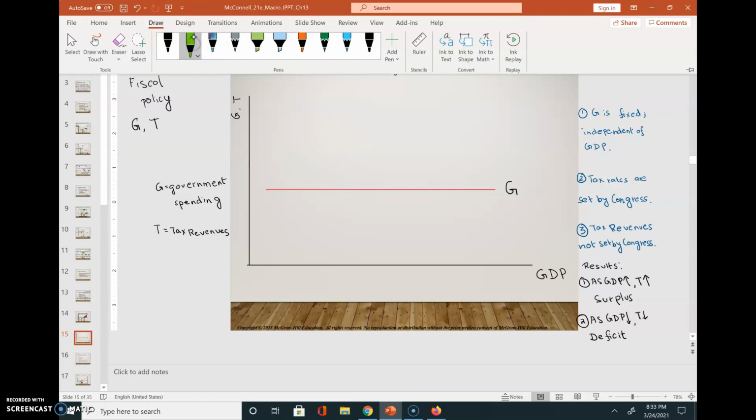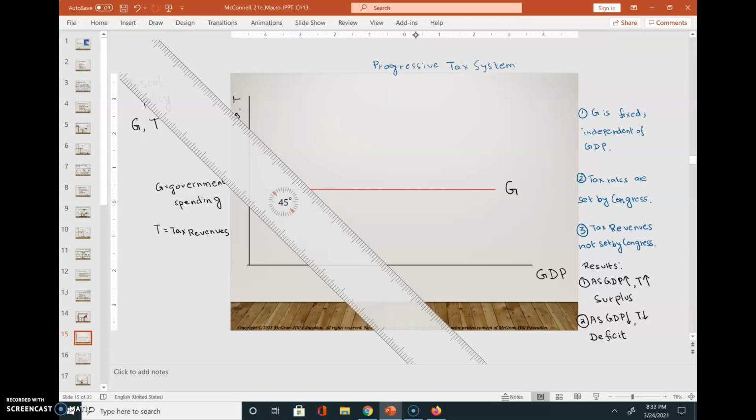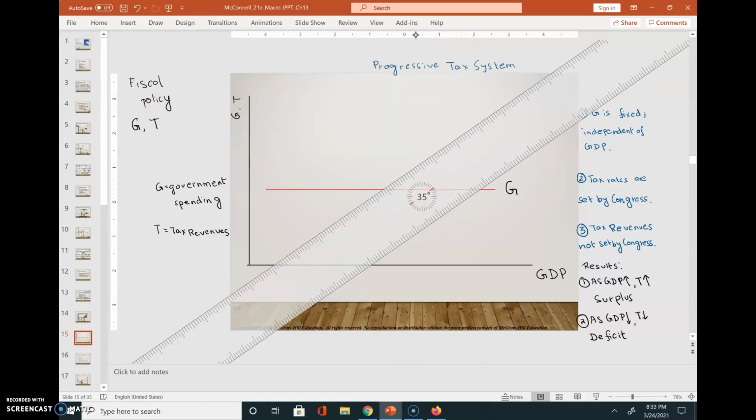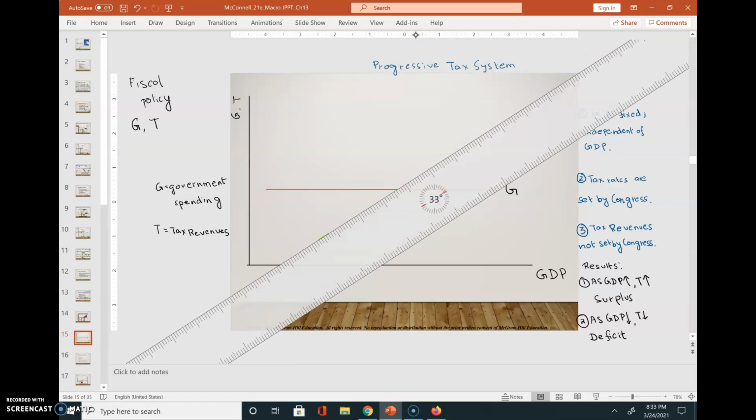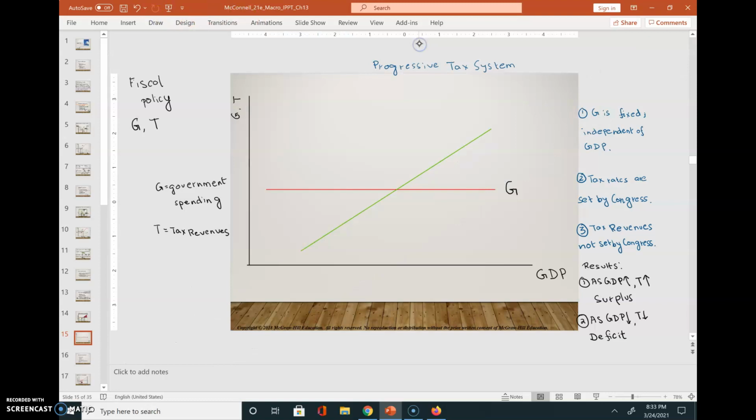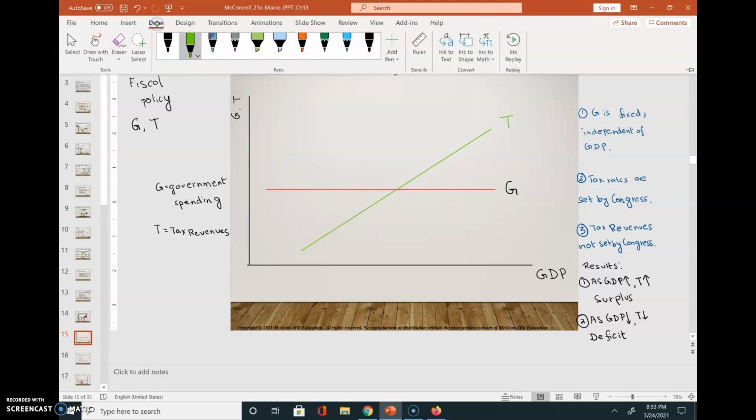Now, let's take a look at something. I'm going to draw another line here. This is the tax revenue. So this T stands for tax revenue, and G is definitely the government expenditure.